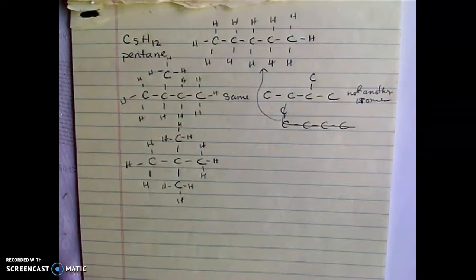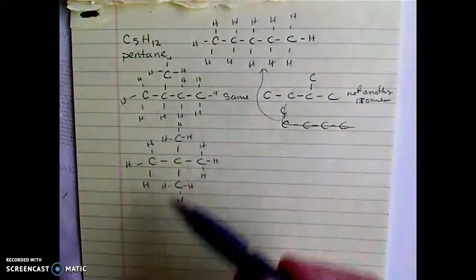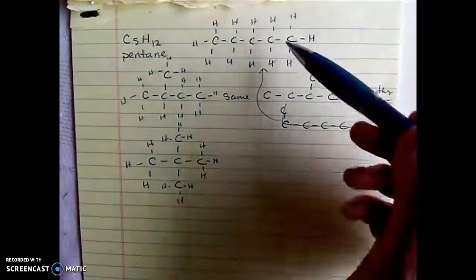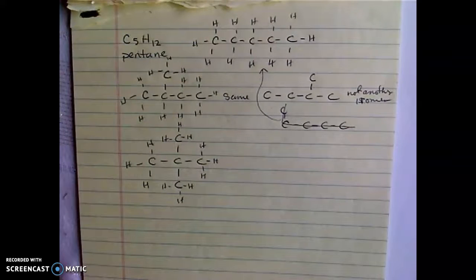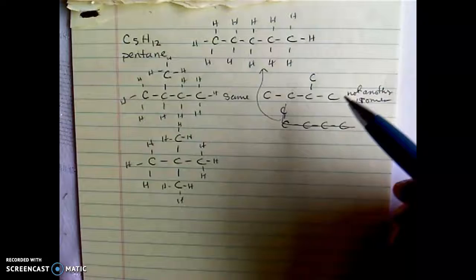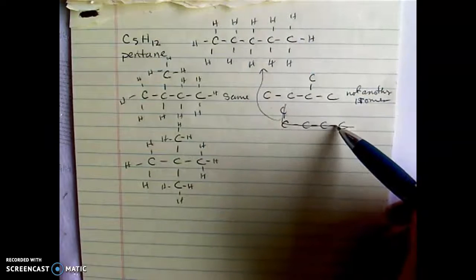C5H12. So these are all different structures. Different structural formula, same molecular formula. Those are isomers. Again, just watch as we start to learn how to name them. You will be able to see the difference.